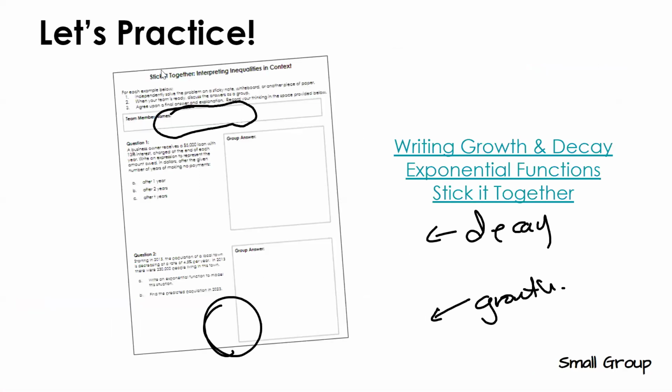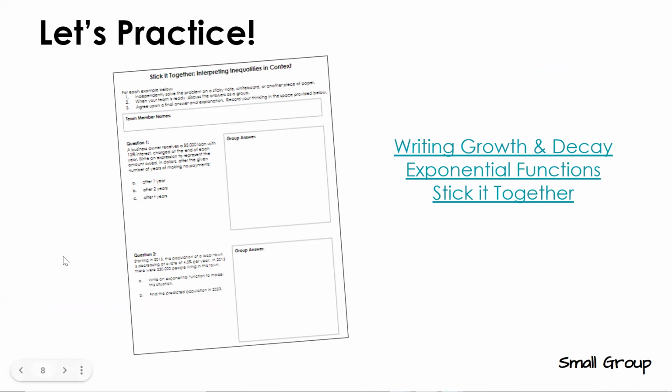Go ahead and take a look at the Stick It Together, interpreting inequalities in context. We started working on this a while ago. You might have it in your book bag, but I want you to start fresh. Okay, so you can work with a partner or you can work in a group of 3. I'm gonna give you about 15 minutes to work on questions 1 through 5. So there's the front and back.